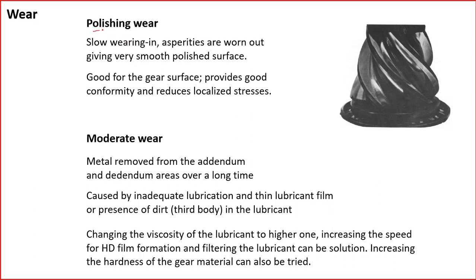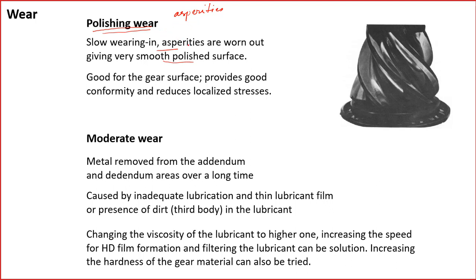The first wear process that takes place is polishing. In slow wearing in, asperities are worn out, giving a very smooth polished surface. This may be a good thing. The initial wear may be good. It will take care of any asperities, and very minor misalignment may also be there.